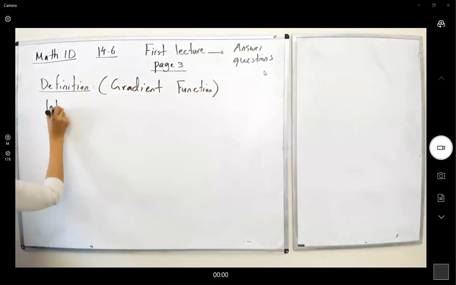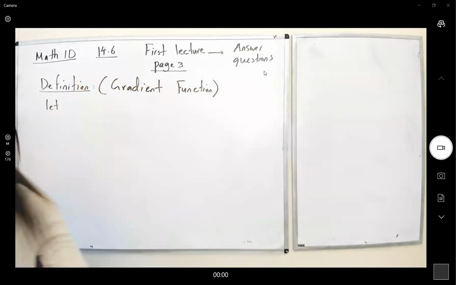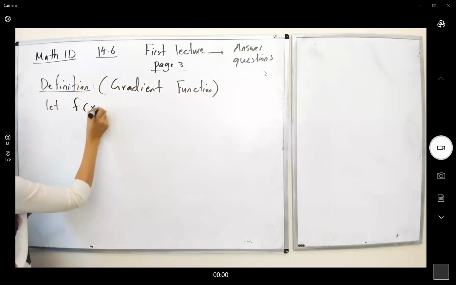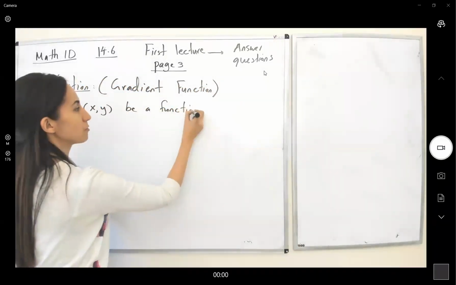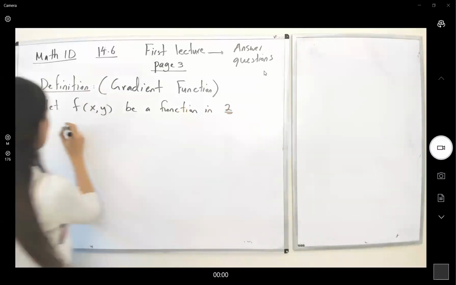So suppose you have a function in two variables. Let f of x and y be a function in two variables.